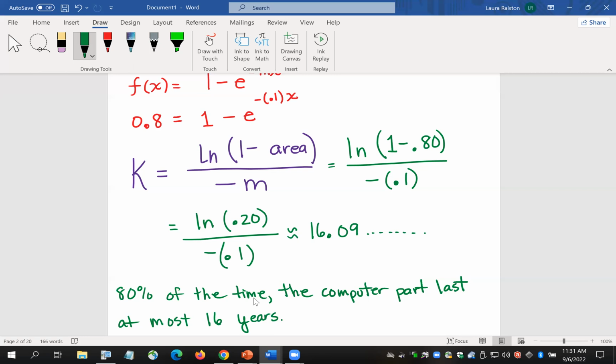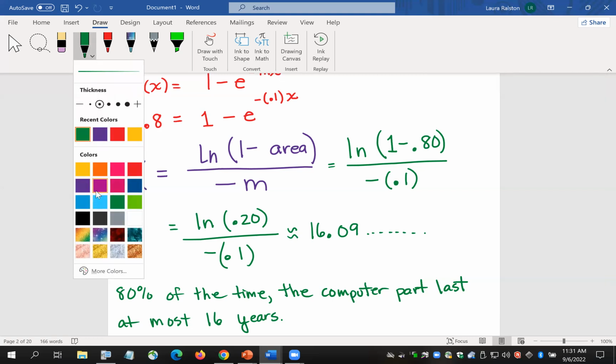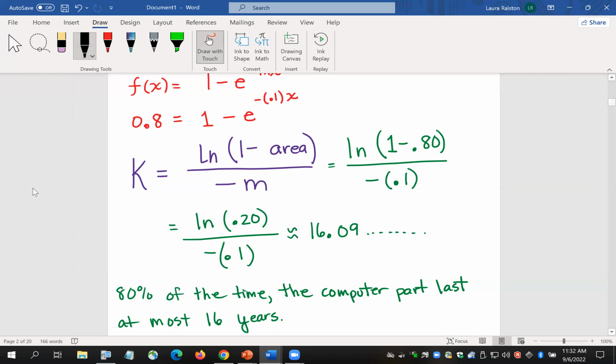Remember, 10 years is the average, but it could last longer, as indicated here, or it might last less. But we're talking 80%. And again, remember, the mean is a measure of center, so we anticipate that being about 50%. Guys, you need to make sure that you write this formula down.